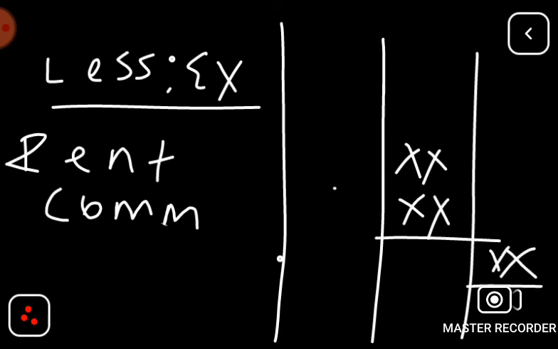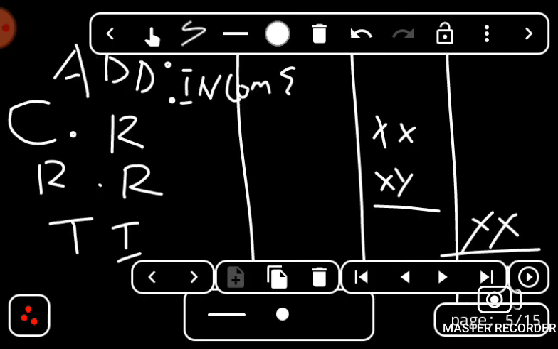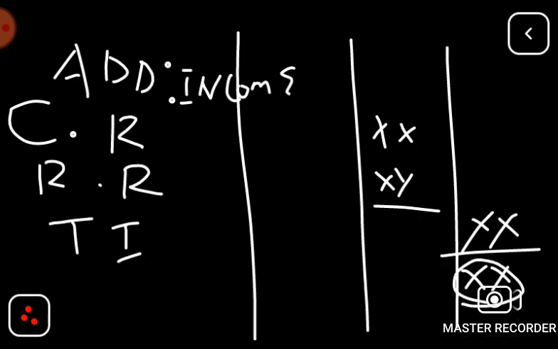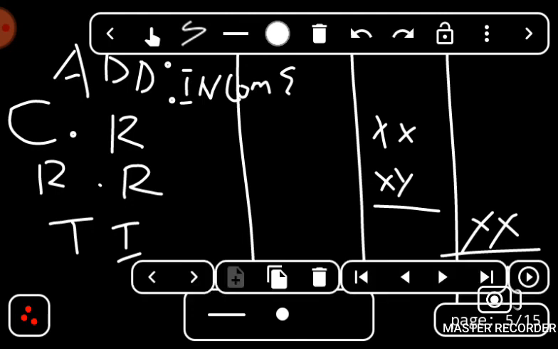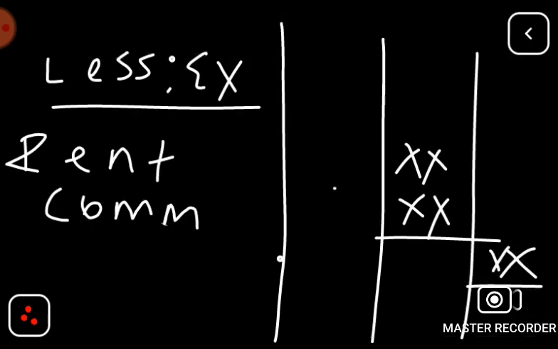Now these total expenses shall be subtracted from this figure here. You're going to have your net profit, or net income, as the figure there. Sometimes you can have a loss, sometimes you can have a profit. So that's what you do.